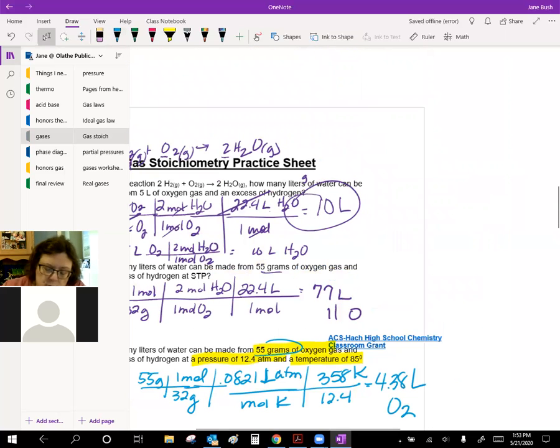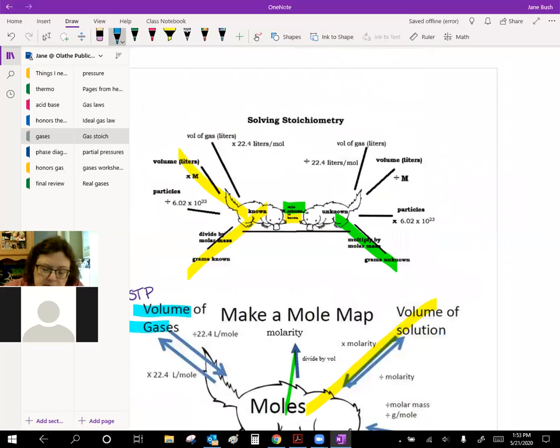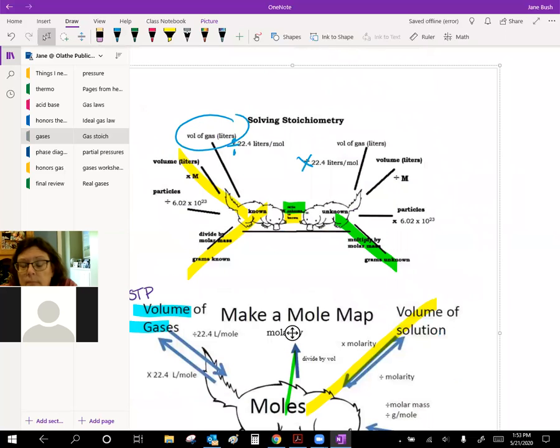So look at your mole map. If you know volume of a gas, and this should be divided by, not times. If you know volume of a gas, how do you change it to moles? Well, 1 mole of gas has a volume of 22.4 liters.